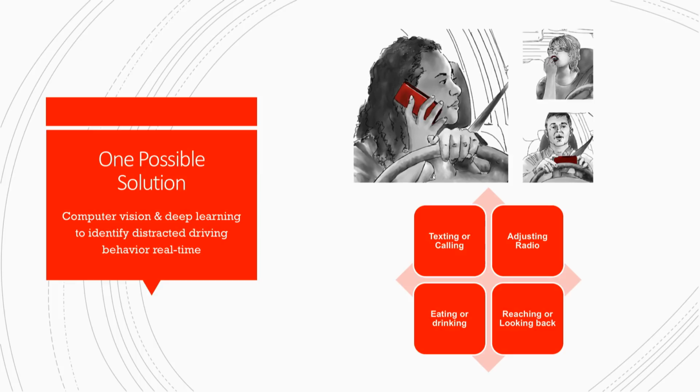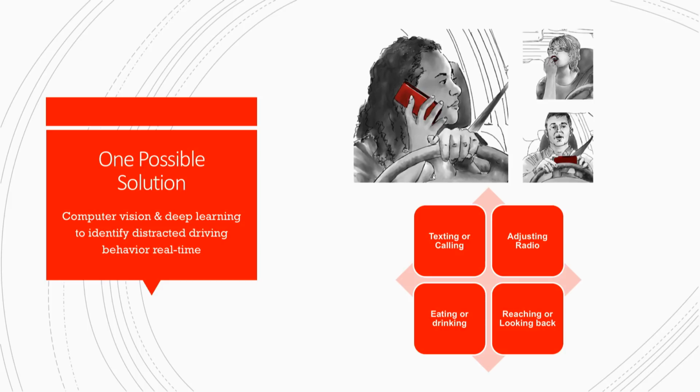The box on the bottom talks about a broad level of distracted driving activity that we may be trying to detect using machine learning or deep learning techniques. One is texting or calling, which we are all very aware of. The other is adjusting the radio, something more manual, which involves you being disengaged from the road and more interested in what's playing on the radio, where it distracts you cognitively as well as manually.